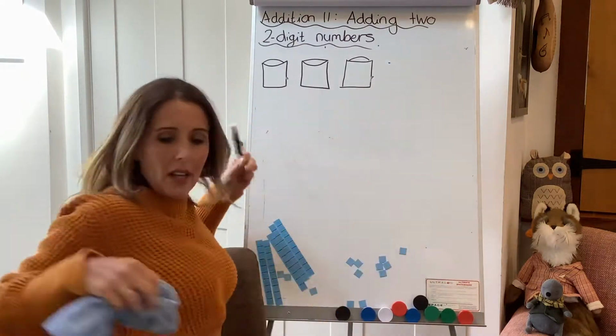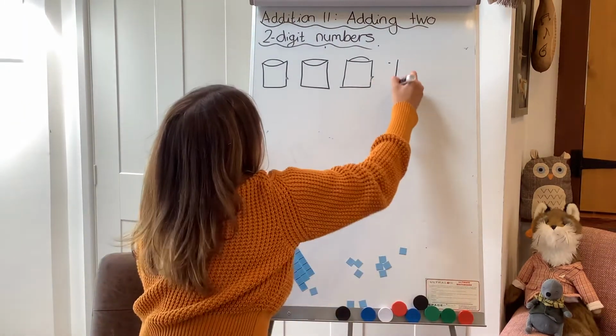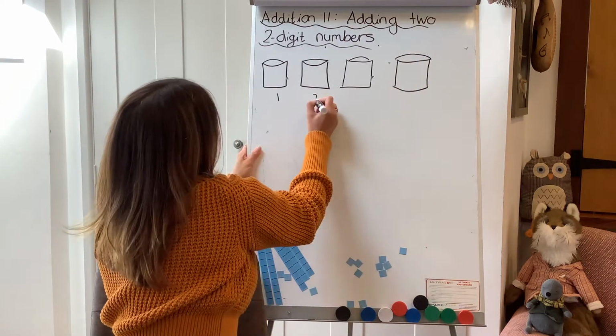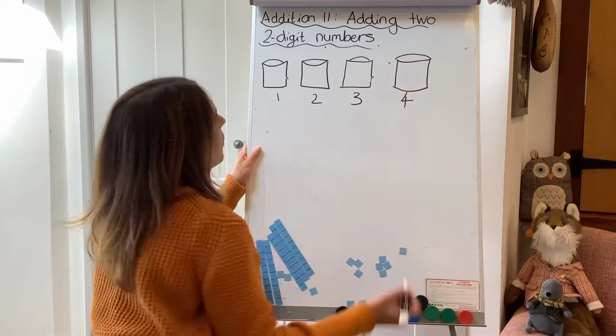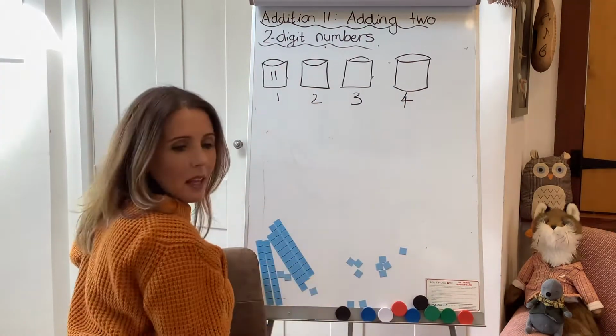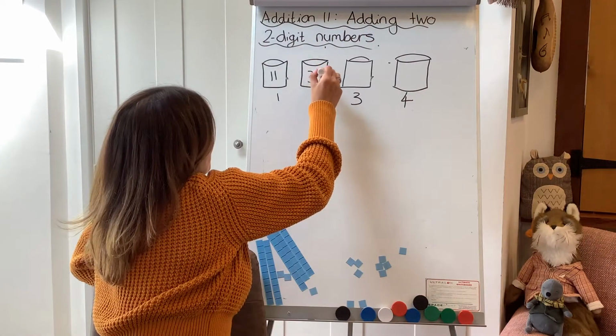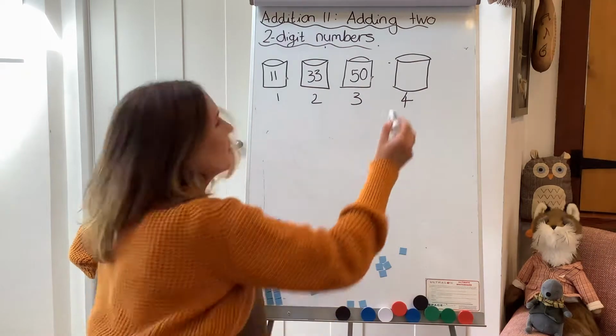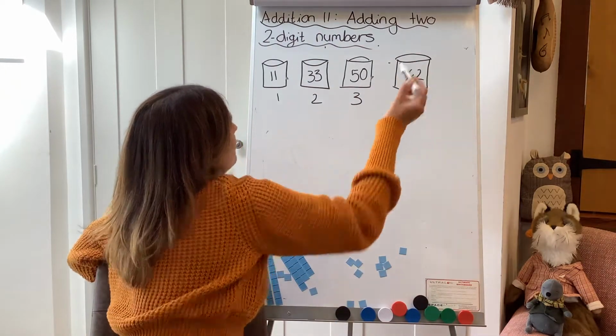So Ellie goes first and the buckets are worth different amounts. We've got bucket 1, 2, 3 and 4. Now if you get the beanbag in bucket 1 you score 11, in bucket 2 it's 33, in bucket 3 it's 50 and in bucket 4 it's 42.